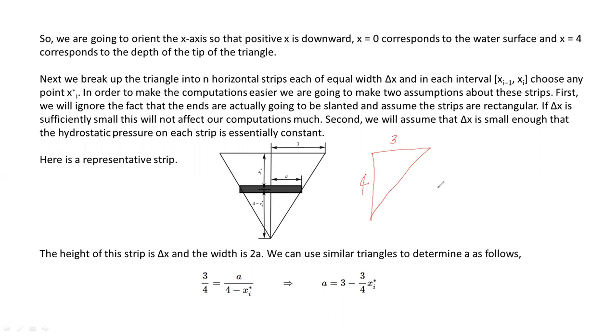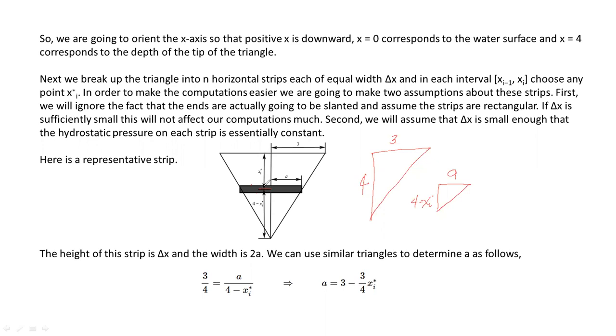And you have this small triangle here, which is a, and this is equal to 4 minus x sub i. This is x sub i from here to here, and this one is 4. The entire length is 4 minus x sub i. By the way, this is your x sub i, until the middle portion of this very thin rectangular strip.